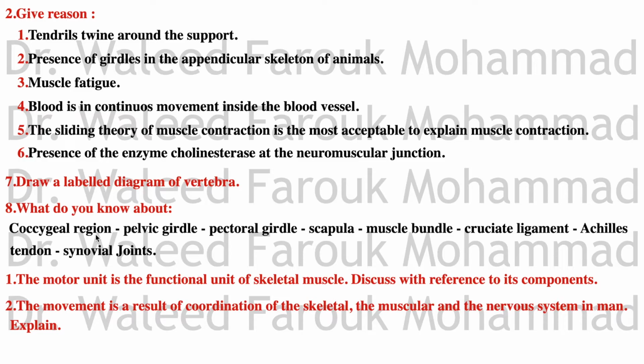So they are the last vertebrae in the vertebral column. The pelvic girdle. He's asking you to talk about the 2 hip bones with their components: the iliac bone, the pubic bone, the ischial bone, and they all meet in the acetabulum. You should mention all this when talking about the hip bone, which is part of the pelvic girdle.